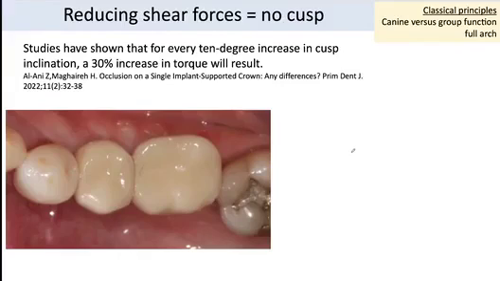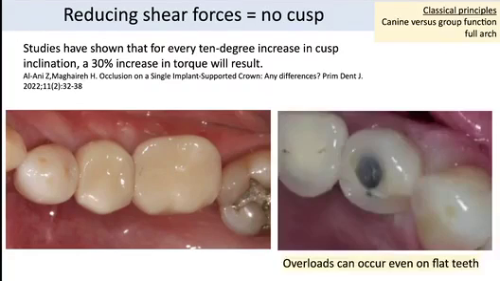No cusp, no risk. And it is supported by science, because when you decrease the inclination of the cusp, you decrease the force. But that doesn't mean that you can avoid all problems of fractures or chipping if you have no cusp.